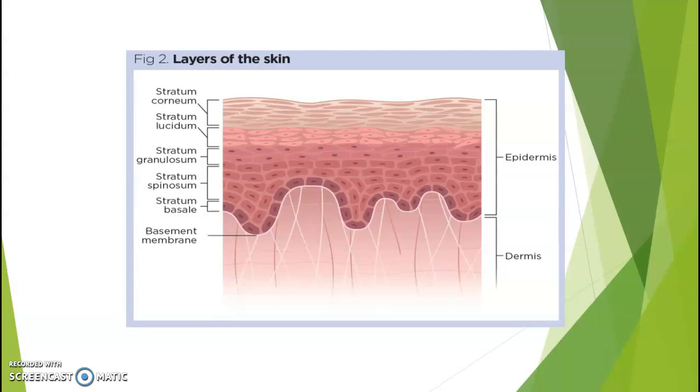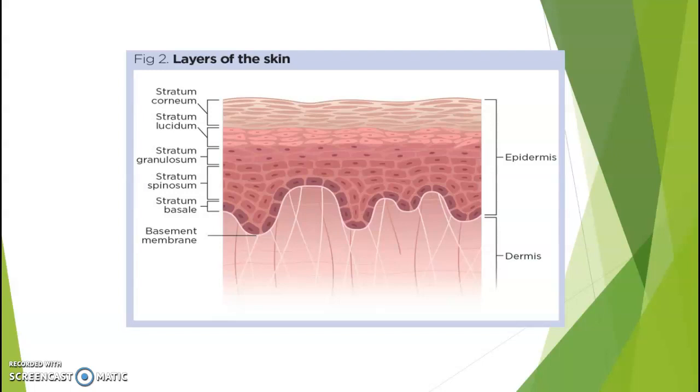The layers are the stratum corneum, also known as the corneal layer. The second one is the stratum lucidum, only found in thick skin, that is, the palms of the hands, the soles of the feet, and the digits.